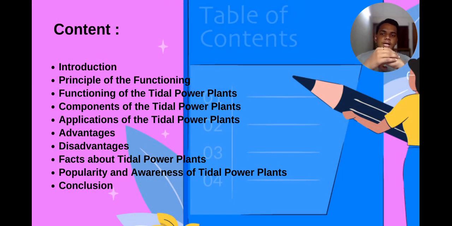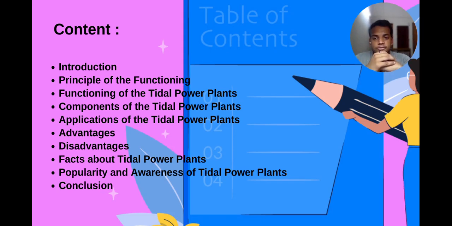So before moving on, let's have a quick view of the chain of events that we will be following. First will be an introduction on what tidal power plants are, then the principle behind their functioning, then the functioning of the tidal power plants, then the components, that is the major parts and the layout of the tidal power plants, then applications of the tidal power plants, where they are used and how they serve their purpose, then a set of advantages and a set of disadvantages of them.